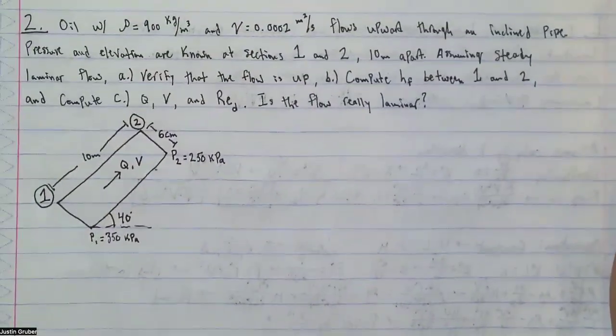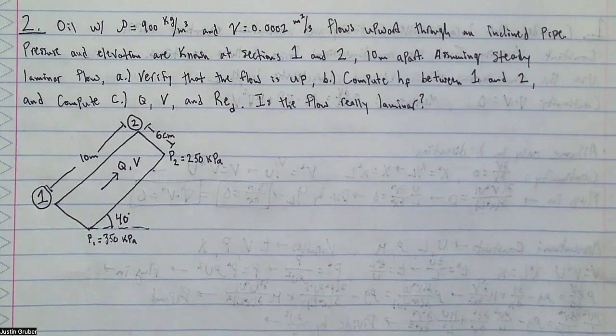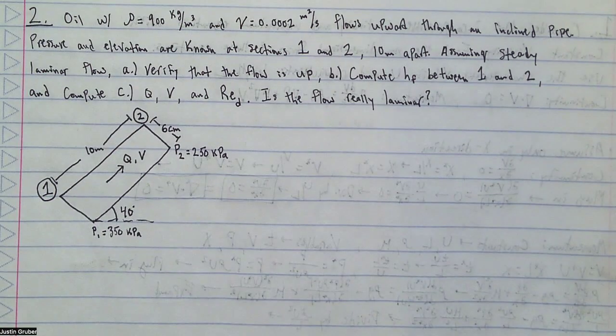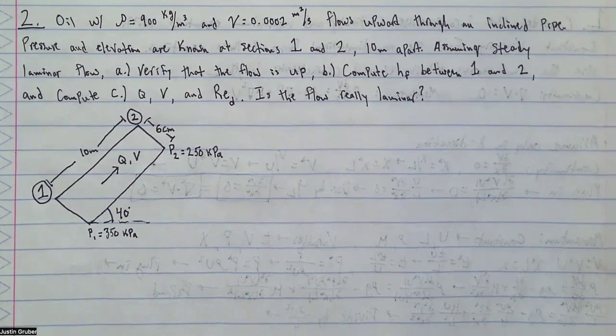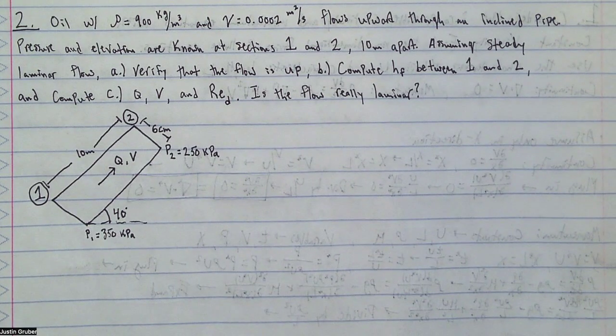So, here's the problem we got here. I'll just read the problem statement before I explain anything. We've got oil with density 900 kilograms per cubic meter and kinematic viscosity of 0.0002 meters squared per second flows upward through an inclined pipe.